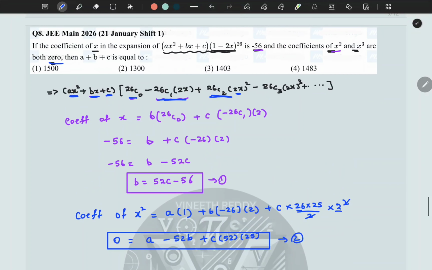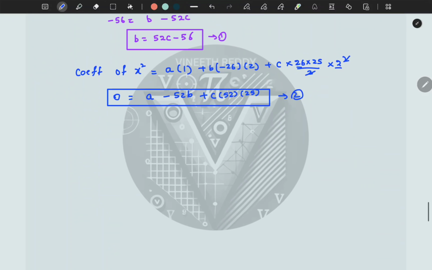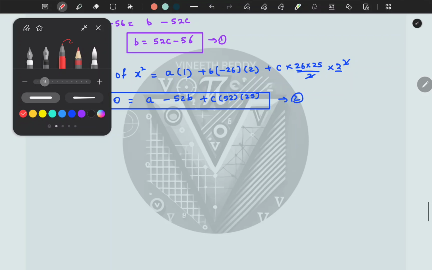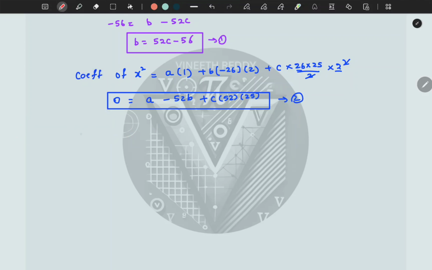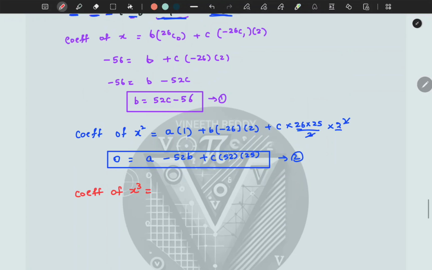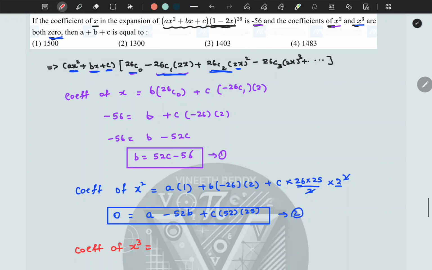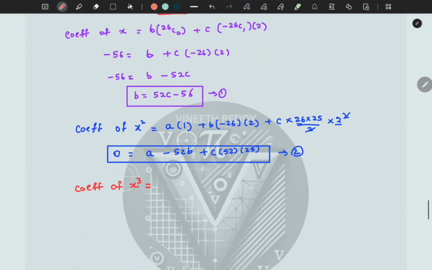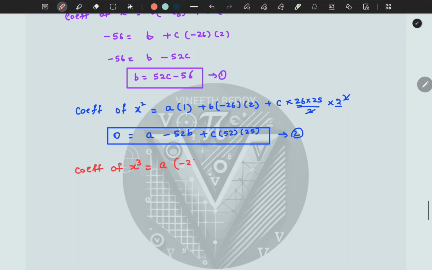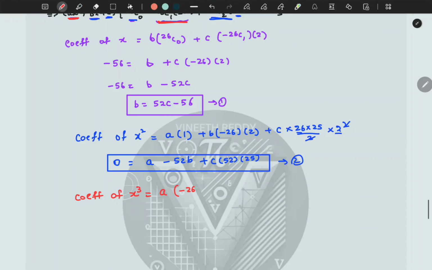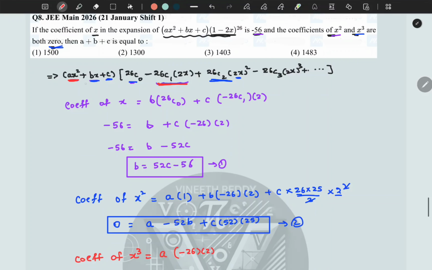Now the coefficient of x cube is also 0, right? So we will use a different approach. What will the coefficient of x cube be? How do we get that? The a x square term we have to multiply with the x term, so we get a into minus 26c1, which is anyways 26 into 2. That is one way.